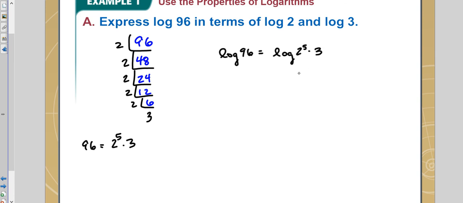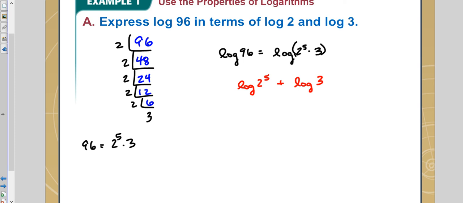Well, the product property, let me put this in parentheses too. So the product property tells us that if we have this, we could divide these by the factors and say this is the same thing as log of 2 to the 5th plus log of 3. Now remember, these are called common logarithms. The base would be 10 here if it doesn't show one, which it doesn't.